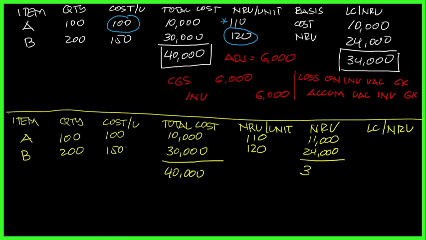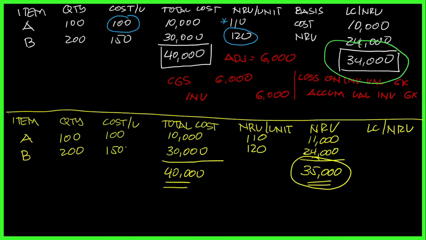In this case, it's 35,000. So which is lower, the cost or the net realizable value? In this case, this one is still lower. Now, if you try to compare, eto, 34,000 dito, and then this one is 35,000. So, sir, which one is correct?